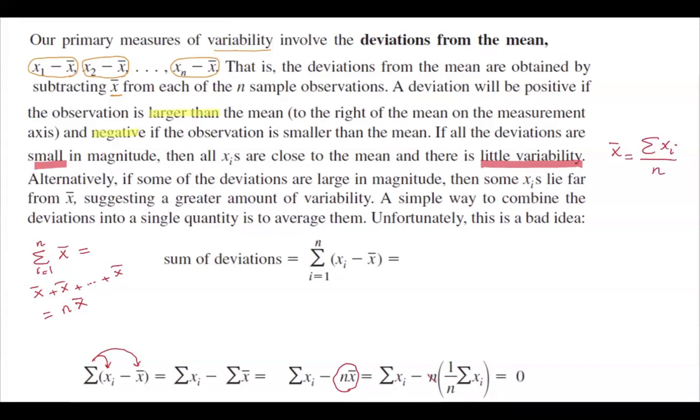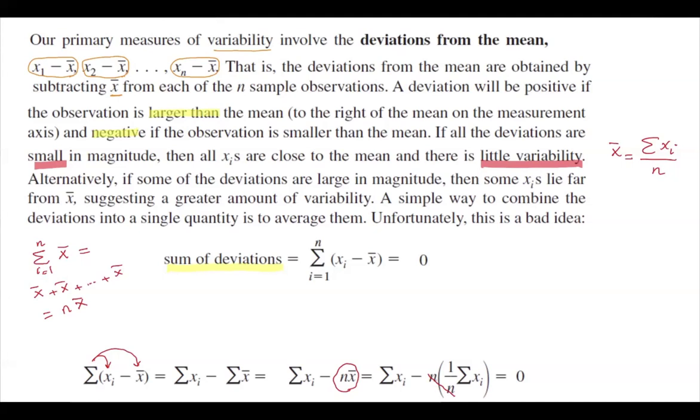Here you can cancel out n and n, and you get the summation of xi minus the summation of xi, which is basically 0. So the summation of deviations, if we don't do anything, is nothing but 0. So how do we remedy that?